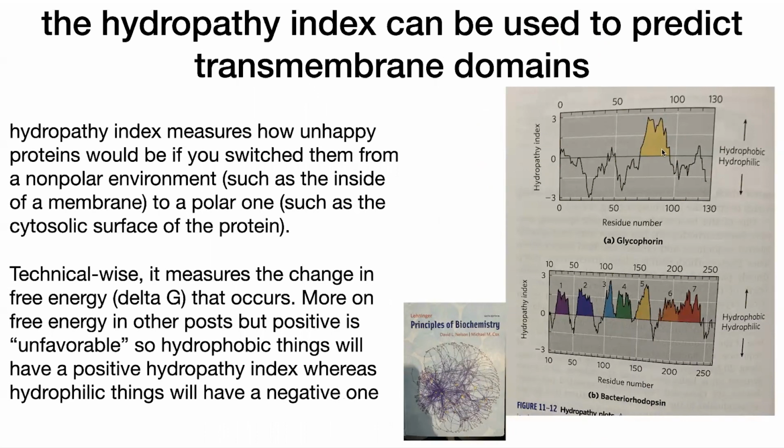So this is telling you it would be unfavorable to take these amino acids and stick them from a hydrophobic environment into a hydrophilic environment. So if you see something where you have this positive line above the axis, this is going to tell you something is hydrophobic, and below will be hydrophilic.